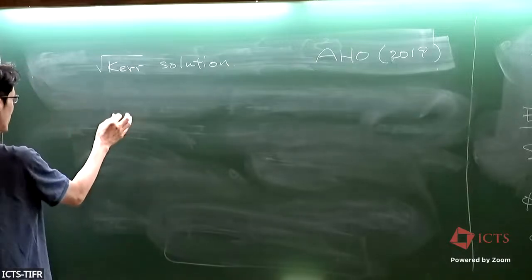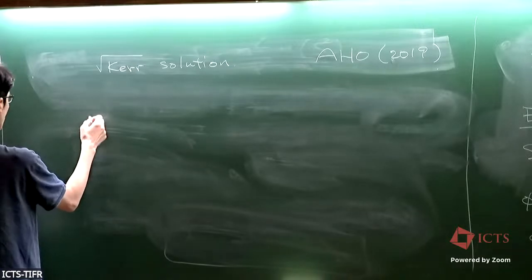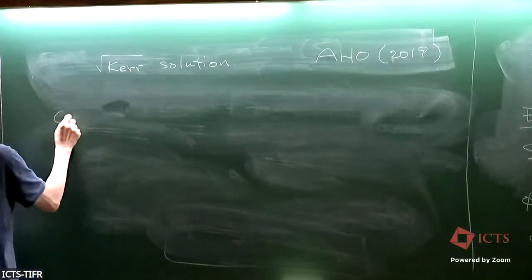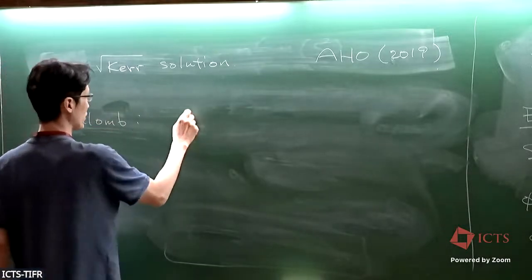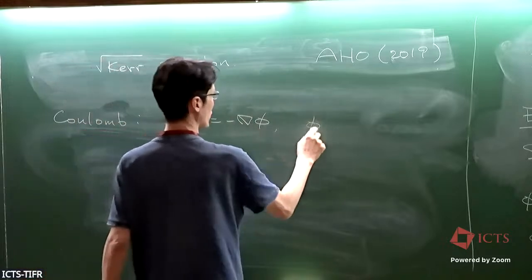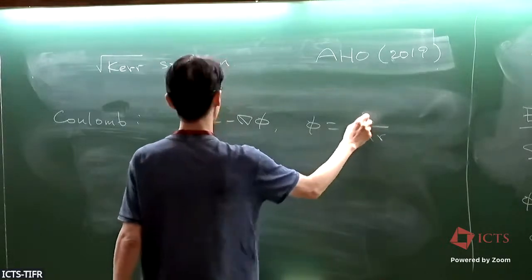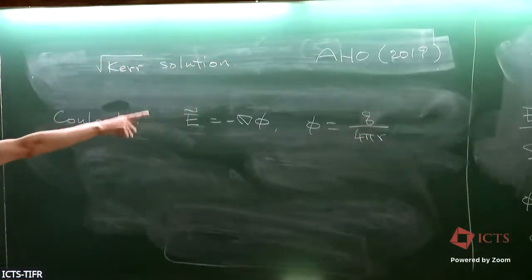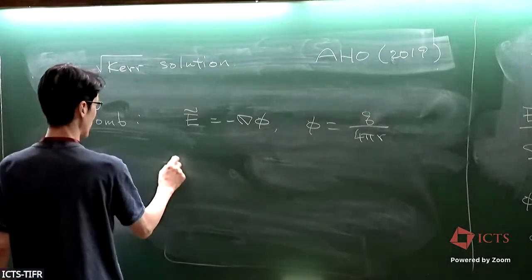Roughly, the idea is, I might be off by some factors, but the rough idea is that the Coulomb electric field is given by the gradient of phi, where phi is the potential, and you deform this by a complex shift of the coordinate.